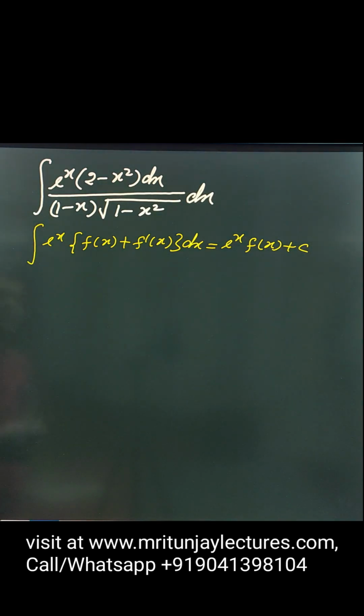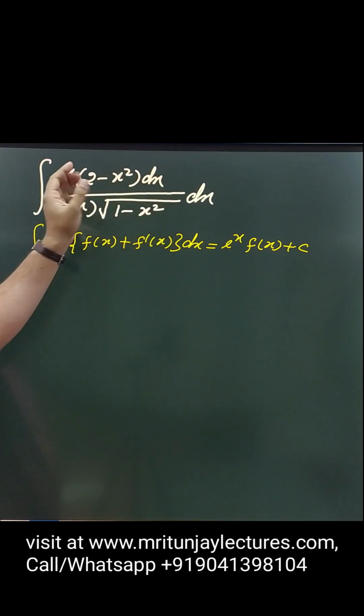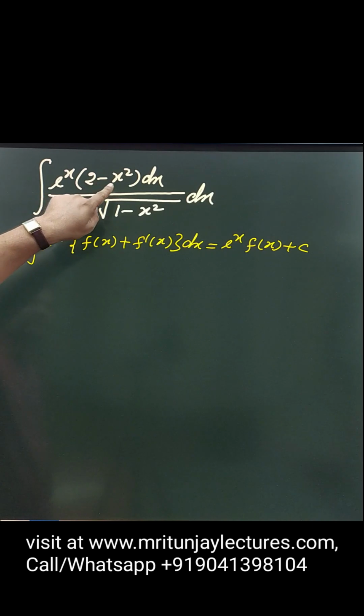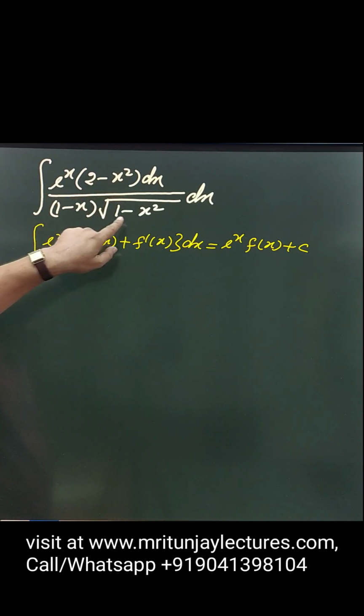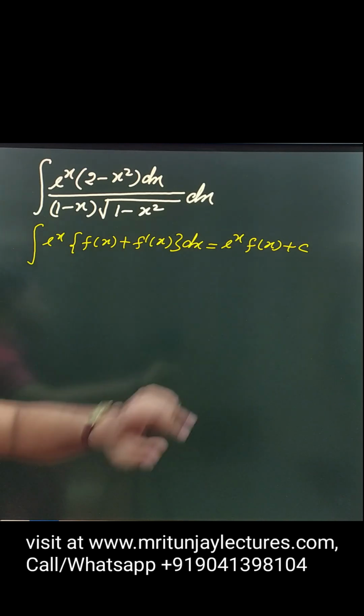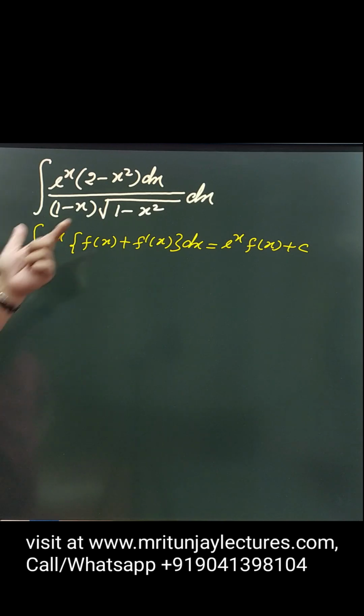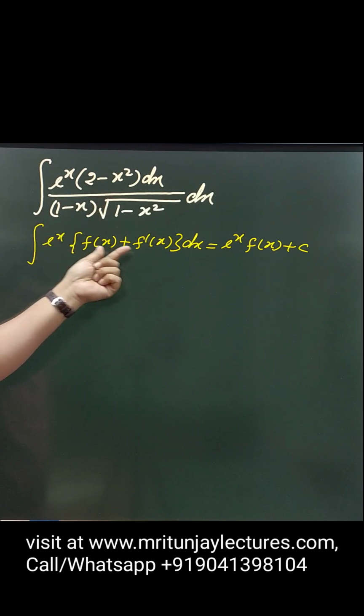So if here e to the power x, we make it like that. This function, basically e to the power x into (2 minus x square) upon (1 minus x) into under root (1 minus x square), is converted to that form, then we use that formula directly. Our motto is for this to be converted into this type.